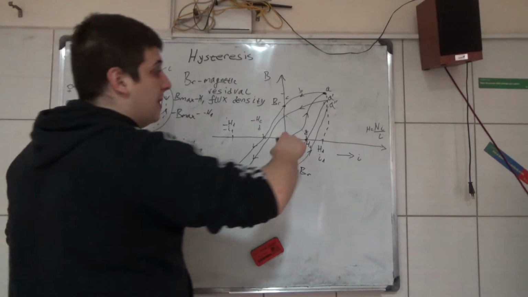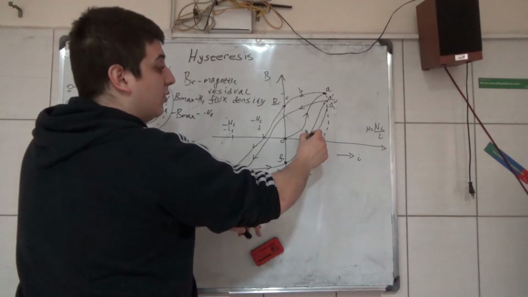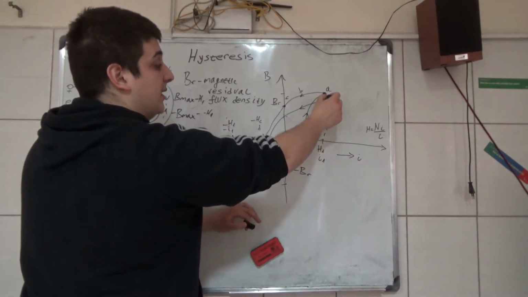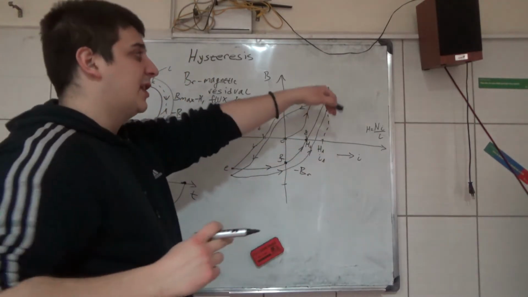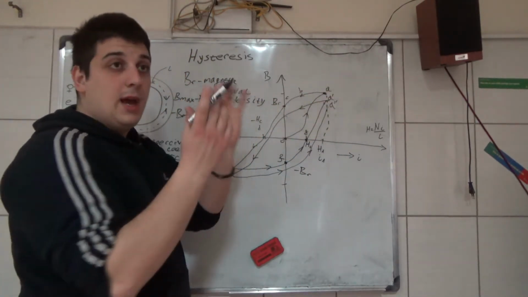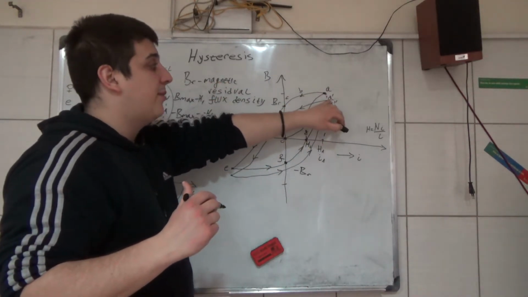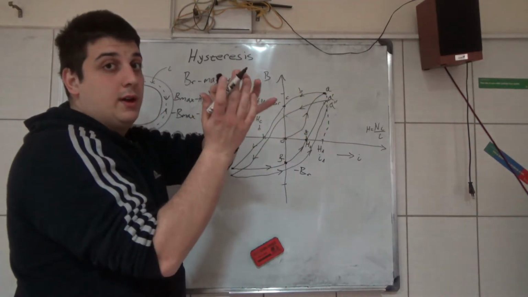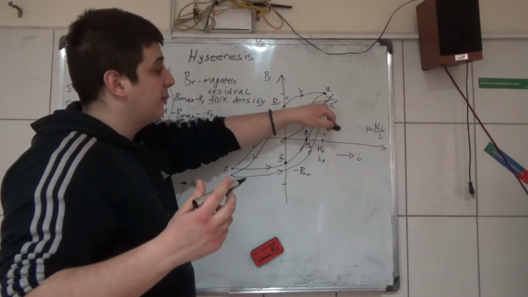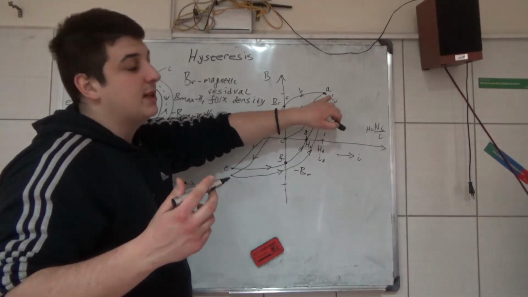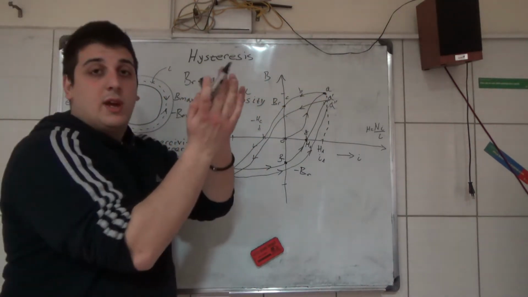And we have some cycles here. Now from this point, it doesn't go from here to here, it goes from here to here, this magnetization curve. This A prime and A secondary are not in the same point, but A prime and A secondary are closer together than A to A prime. So after several cycles of this current, it will get together.